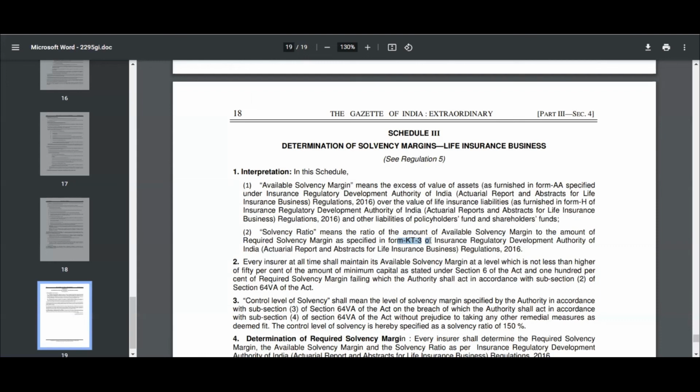Ideally, an insurer should provide more. A few of the domestic insurers that I have worked with used to target 300% instead of 150%, which shows that they are very well protected and have very little chance of being insolvent.